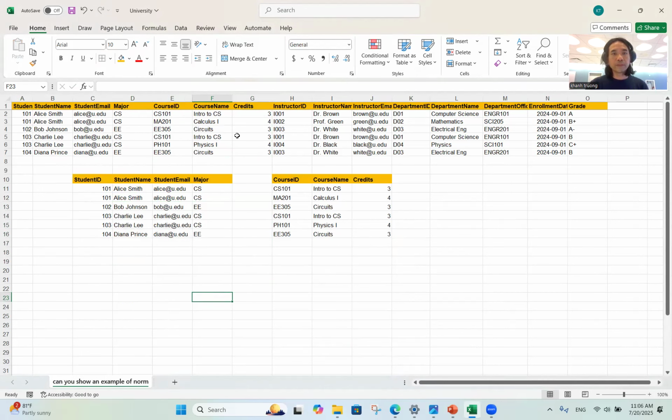Then you see this one right here, CS 101, Intro to CS, and another CS 101 that's repeated. So you move it into another table, and let's say you have instructor ID, move them over here.